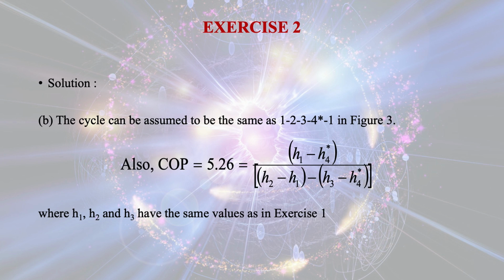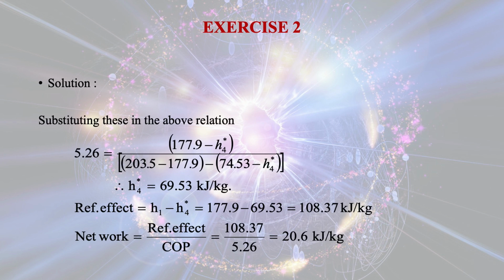H1, H2, H3 have the same values as in exercise 1. Now put all these values and you can calculate H4 star, which comes out to be 69.53 kilojoule per kg.